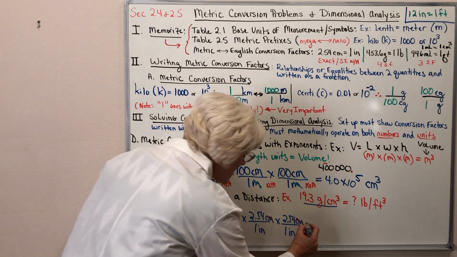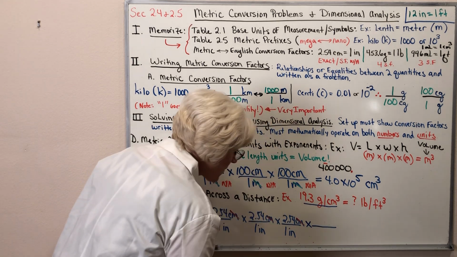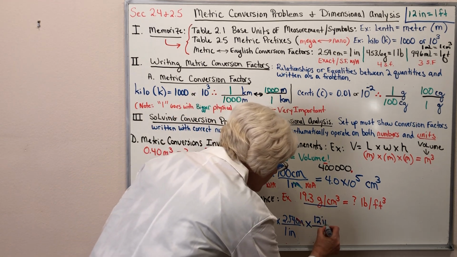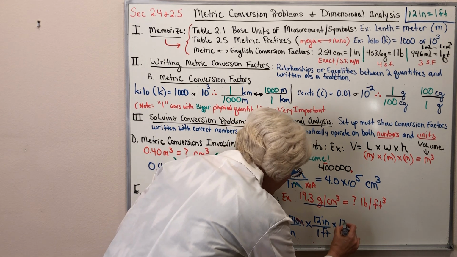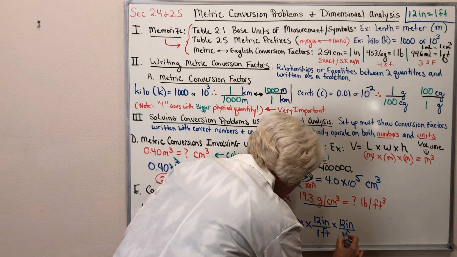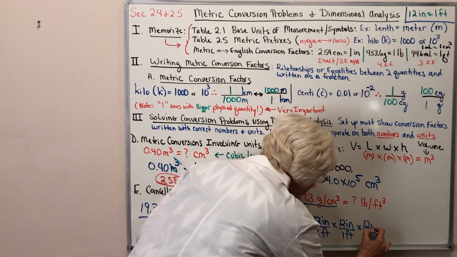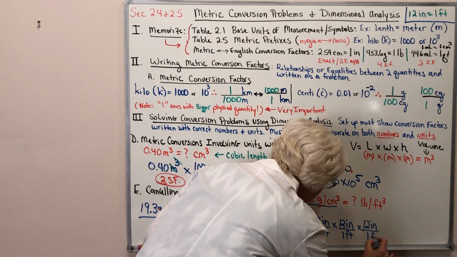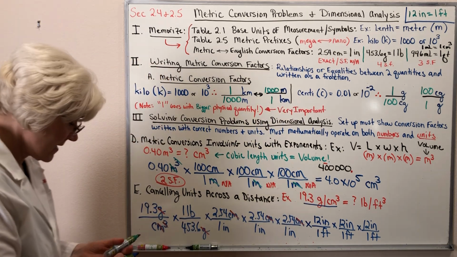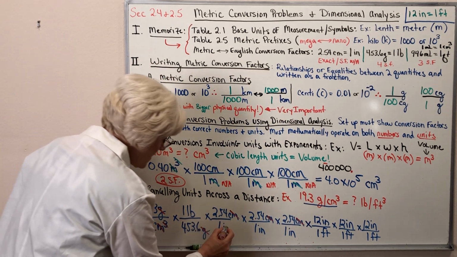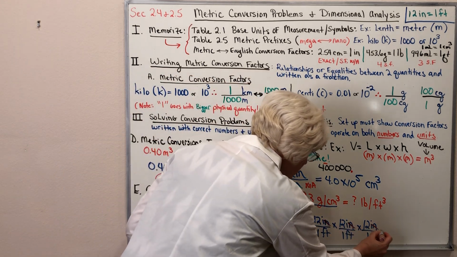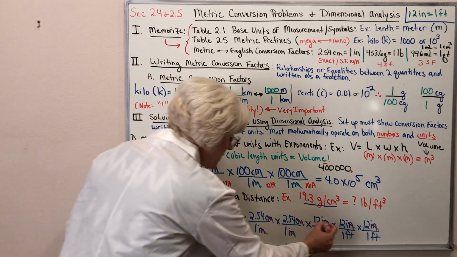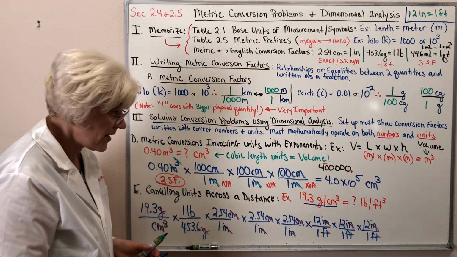So I'm going to take that equivalency and write it as a conversion factor. 12 inches over 1 foot times 12 inches over 1 foot times 12 inches over 1 foot. And I see that I have now enabled myself to cancel cubic inches in the denominator with cubic inches in the numerator.